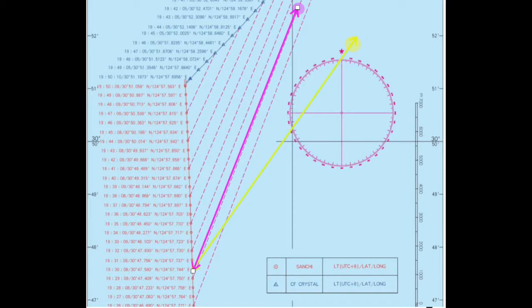The speed of the Sanchi, in red color, is about 10.5 knots, and in blue color is CF Crystal. Its speed is 13.5 knots. So Crystal has more speed than the Sanchi.